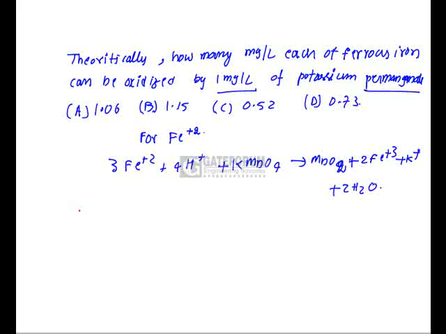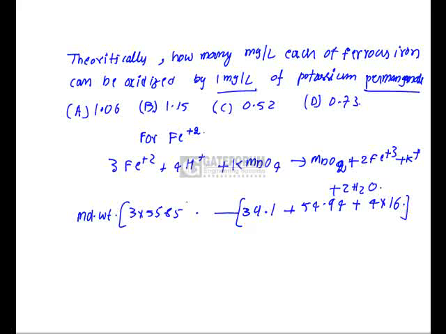For the molecular weights, 3 into 55.85 is for the Fe2+ ion, and 39.1 plus 54.94 plus 4 into 16 is the molecular weight of KMnO4. So what we have to find out is for 1 milligram per liter of potassium permanganate.